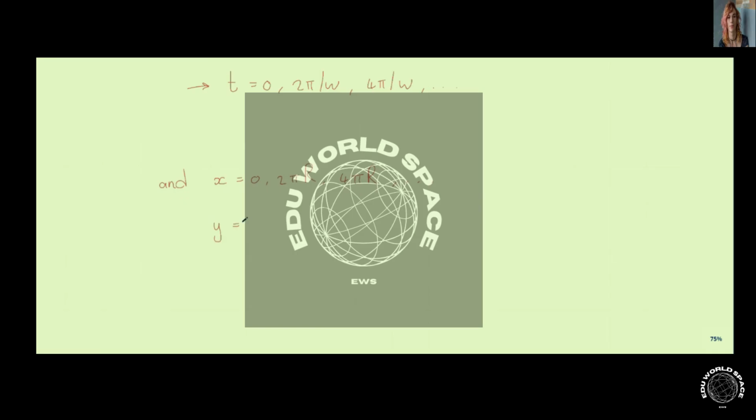And y is equal to 0. Now the acceleration is a, and we know a is equal to r times omega squared in the positive y direction.